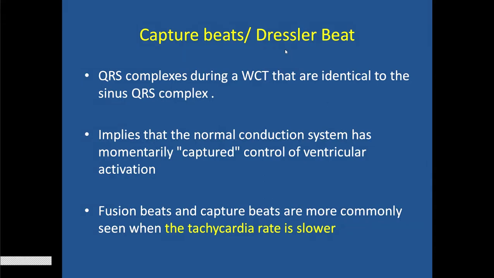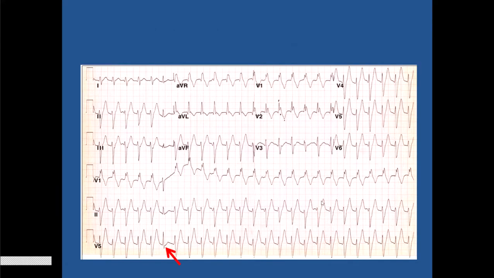So capture beats, or Dressler beats, are QRS complexes during the wide QRS tachycardia that are identical to the sinus QRS complex. That means it is very narrow. It implies that the normal conduction system has momentarily captured control of the ventricular activation. So these two beats, fusion and capture beats, are more commonly seen when the tachycardia is slow.